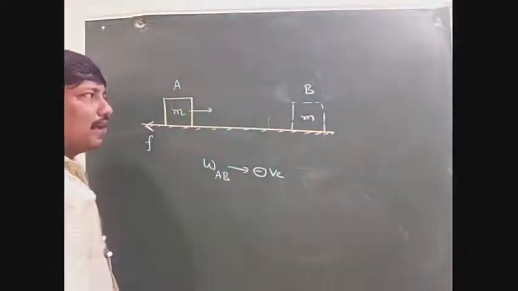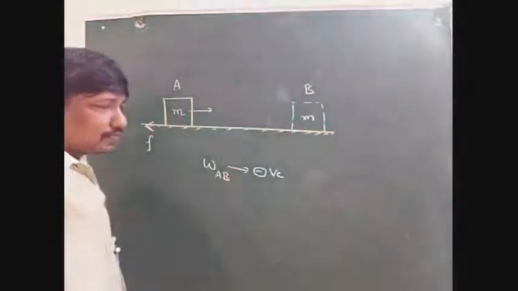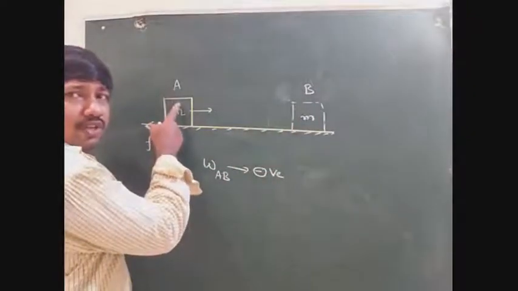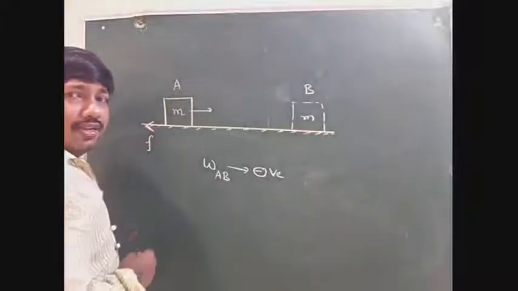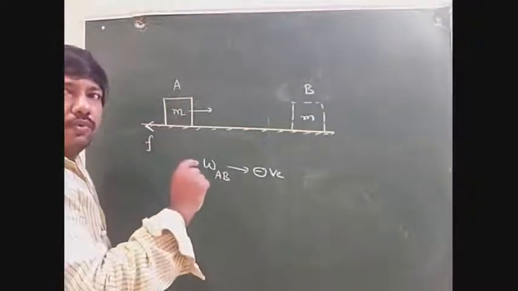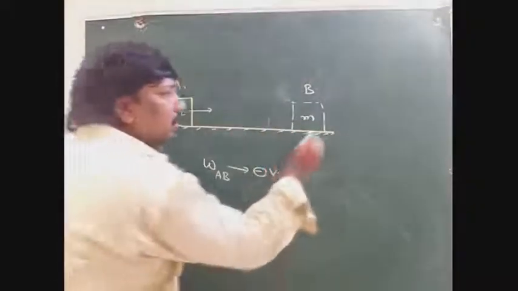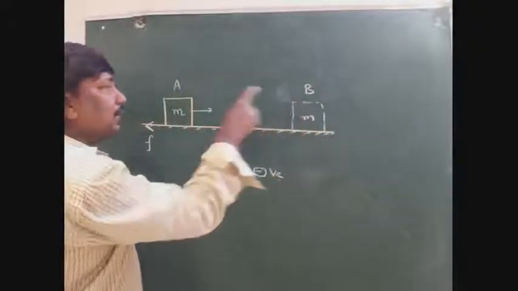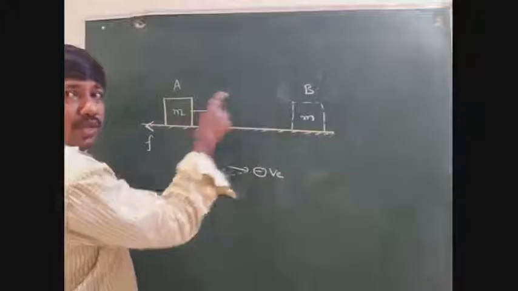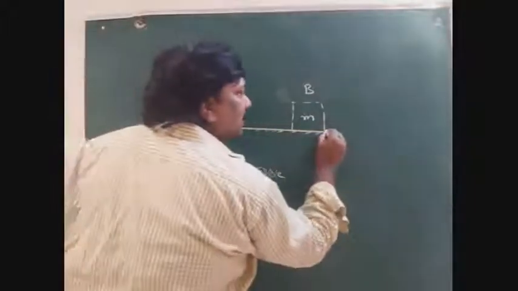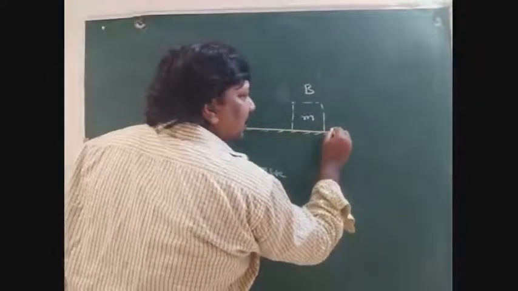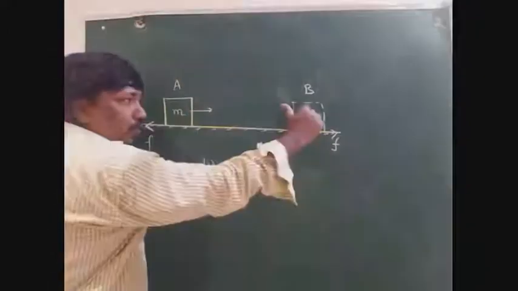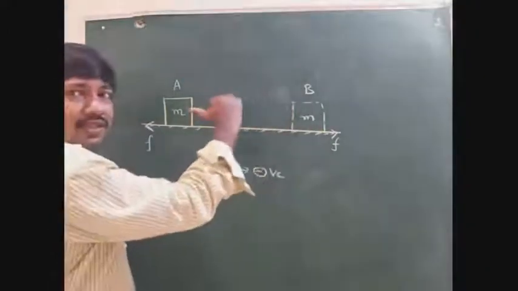At the same time, when the body returns to the original position, that is point A, its work done is also negative. When the body is moving from B to A, the frictional force is in this direction, but the motion of the body is in this direction.